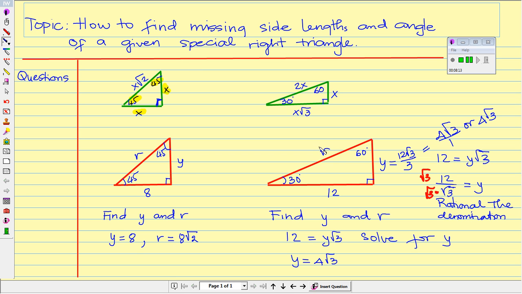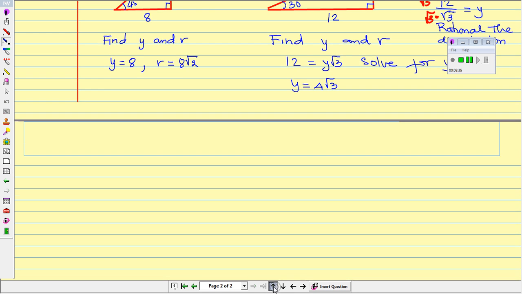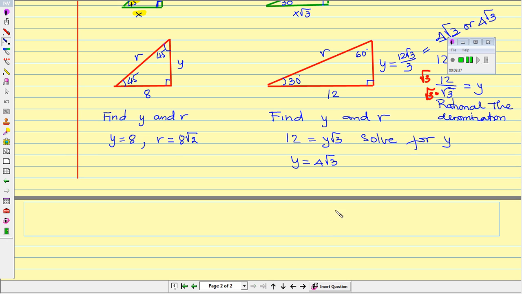Since we know y is 4 square root of 3, we can find r very easily. If we compare to our 30, 60, 90 triangle, r is 2x, or in this case, r will be 2y. Let me move the paper up so that we can see.